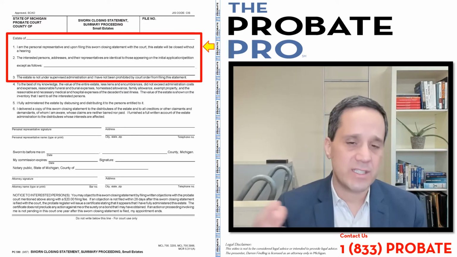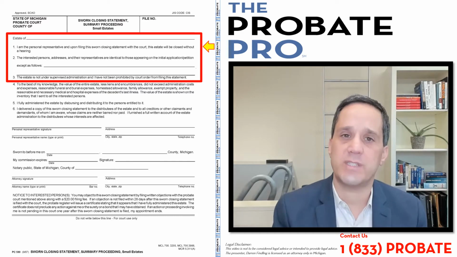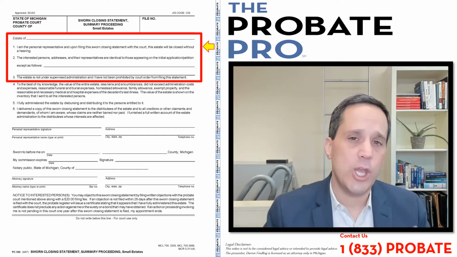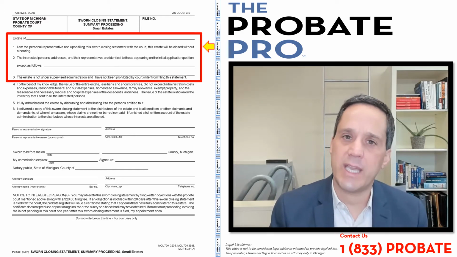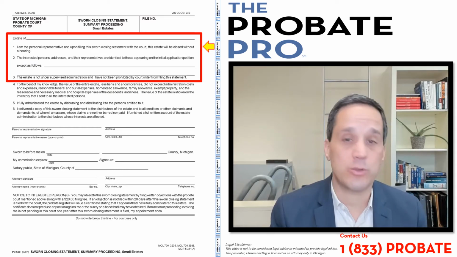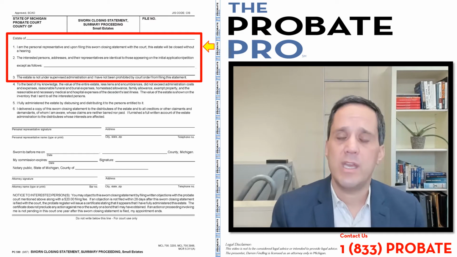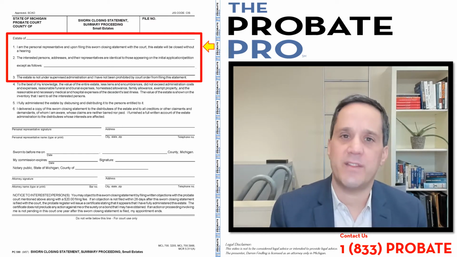So again, this is an informal way of closing an estate versus a formal way in which you're asking the court to conduct a hearing and make an adjudication on the petition, the accounting, the schedule of distribution, and so on. Number two is very common in these SCAO forms.